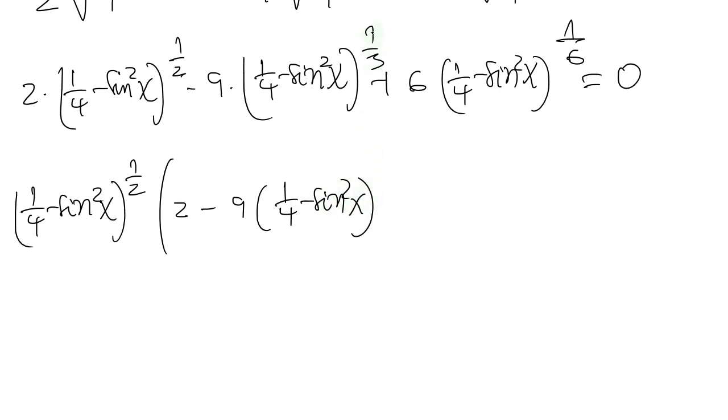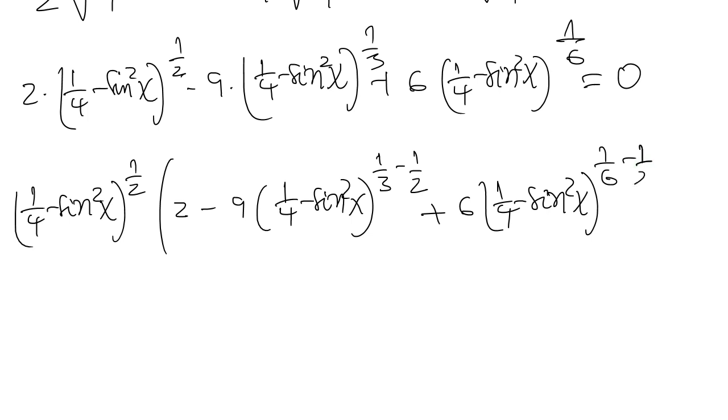You see, I have the exponents 1 over 3 minus 1 over 2, and then plus 6 times 1 over 4 minus sine square x, with 1 over 6 minus 1 over 2, and this is equal to 0.